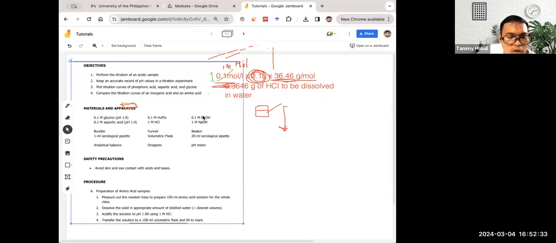Also with this. Okay, I have a question for you. What's the purpose of the serological pipette, or a pipette in general? Where or when do we use a pipette?